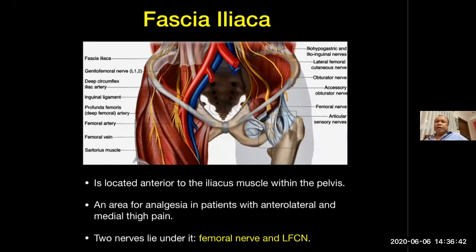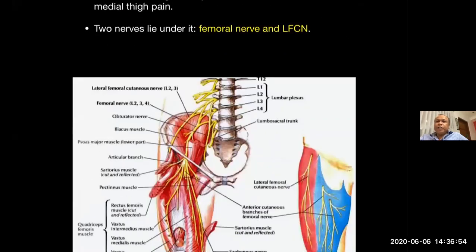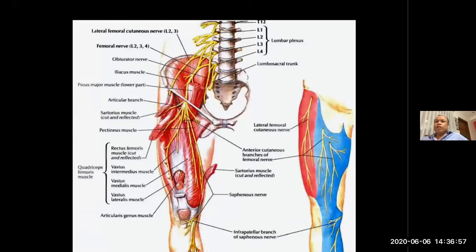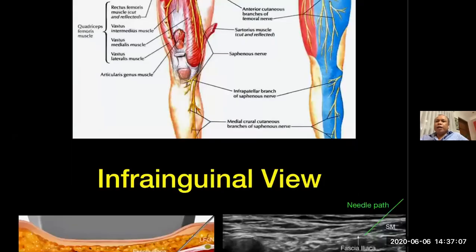This is a painful area, and this is also a fascia where if we inject this area, then we could be targeting these two nerves. And this is very interesting because these two nerves run anterior and lateral following a common fascia, and they call it fascia iliaca. So this is how to approach it.